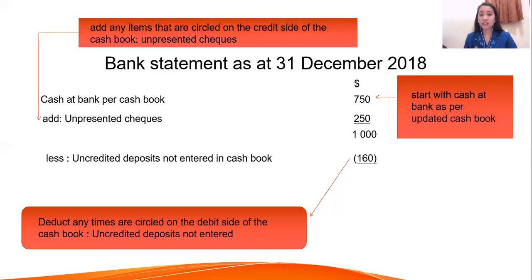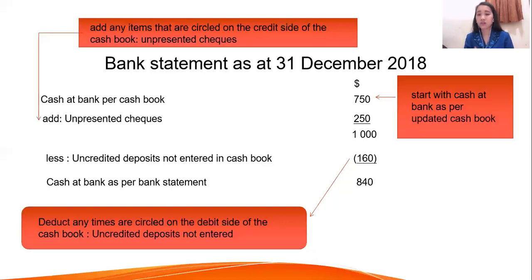So uncredited deposit means we do not add that transaction into our bank statement. Remember, in the bank statement, add means credit, less means debit. So it's the opposite of the cash book, where add means debit and credit means less.